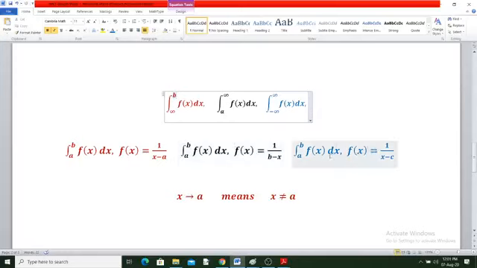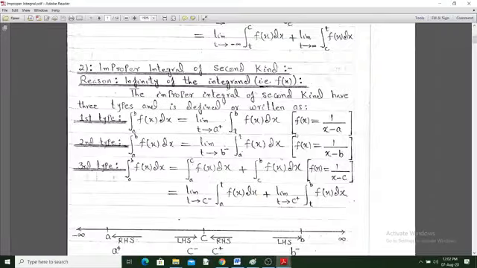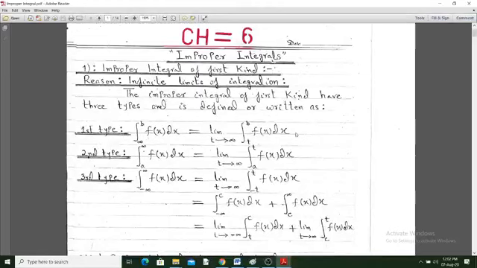And when your function f of x is infinity between a and b, for example at c, where f of x equals 1 over x minus c, then this is called improper integral of second kind and third type.